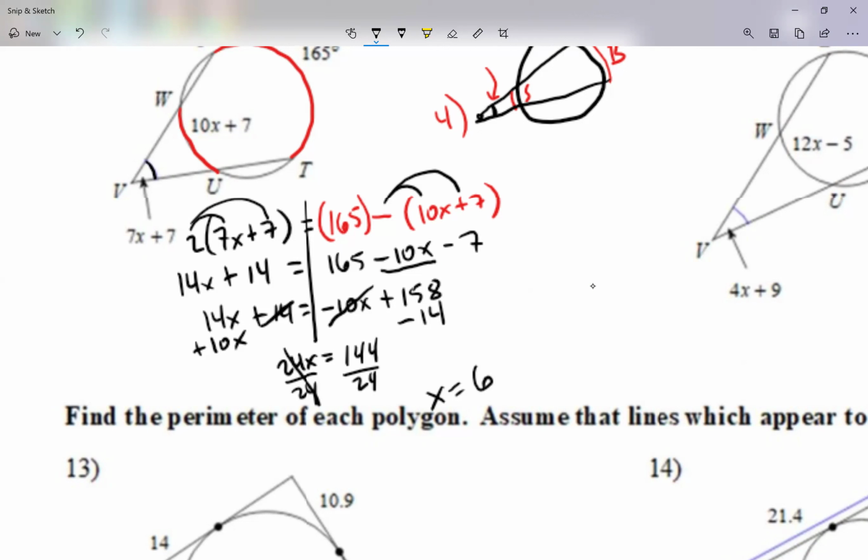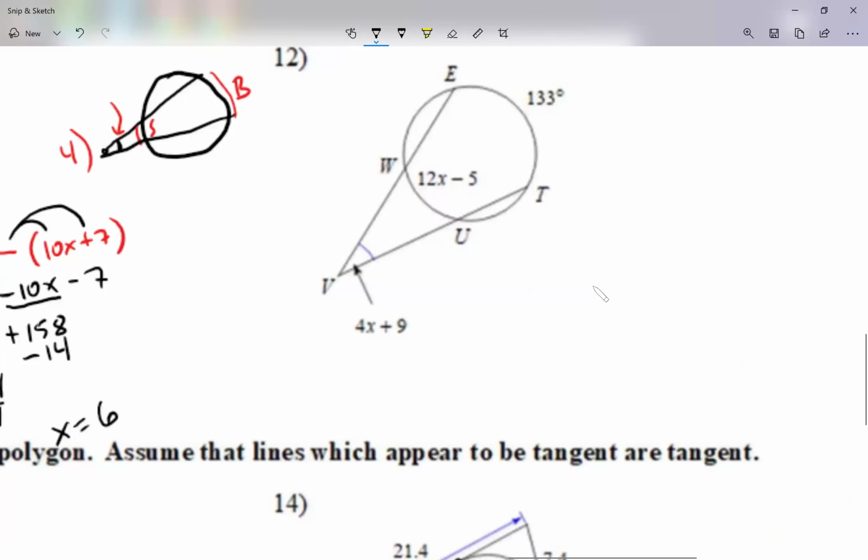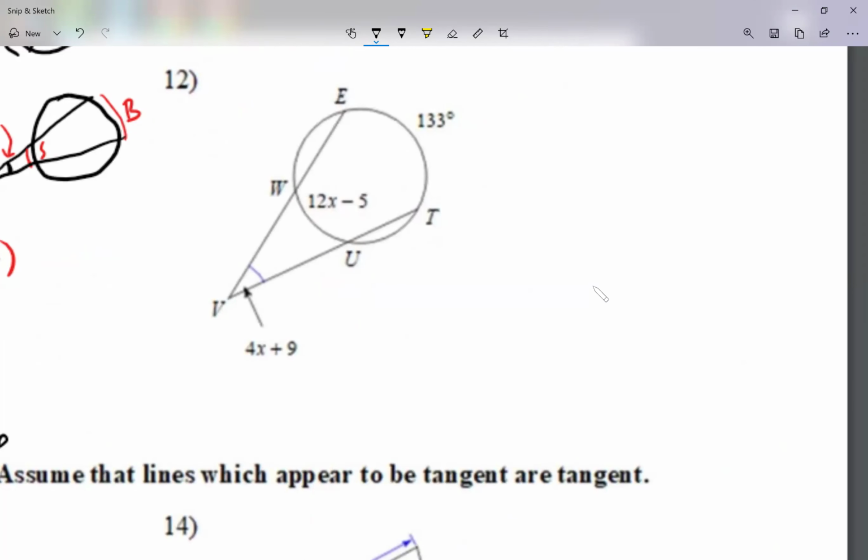Remember, all I did was the angle times 2 equals, and then I subtracted the arcs. But I went big arc minus the small arc. All right, let's take a look at number 12. The angle is 4x plus 9, right? So I'm gonna say 4x plus 9 multiplied by 2, because the angle times 2 equals, where are my two arcs?